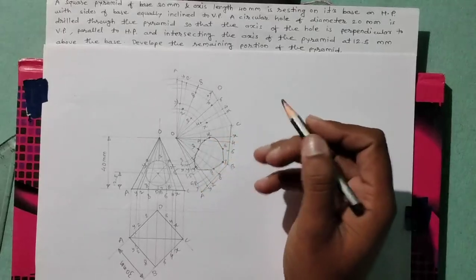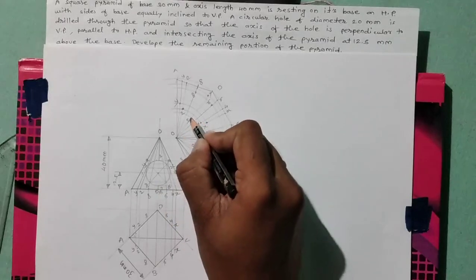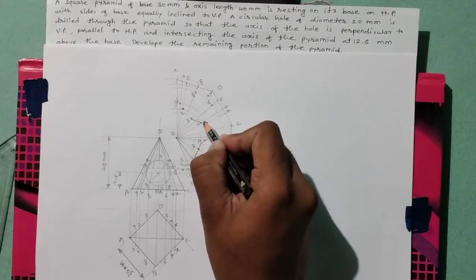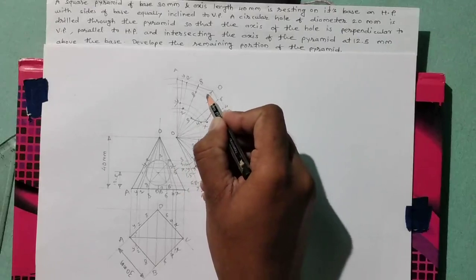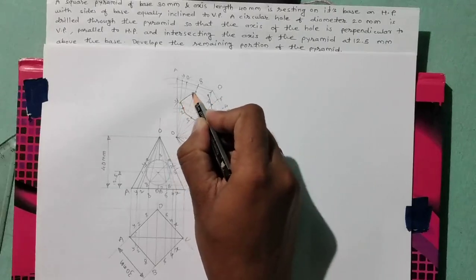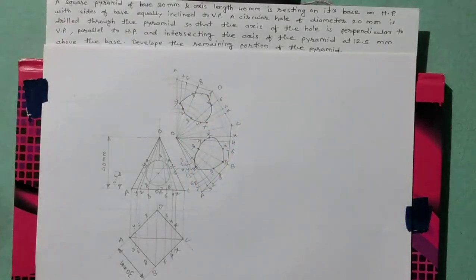This is one profile. Again we have to draw the profile over here: 3, 4, X, 6, 7 and 3, 2, Y, 8, 7. Here we have drawn the profile.